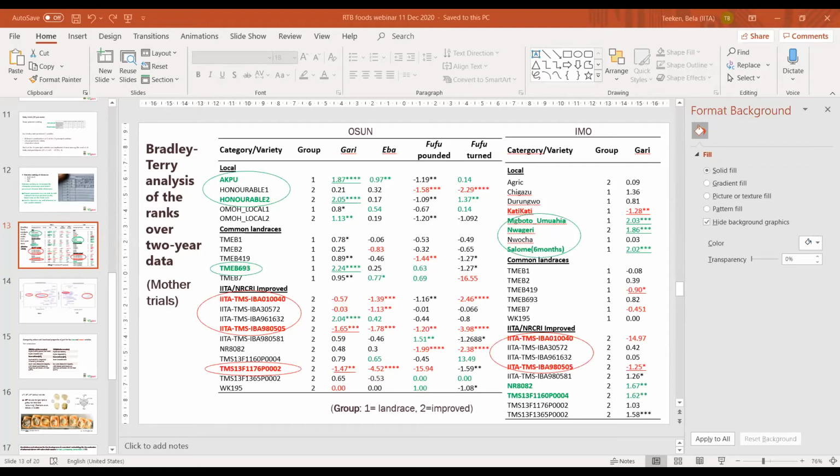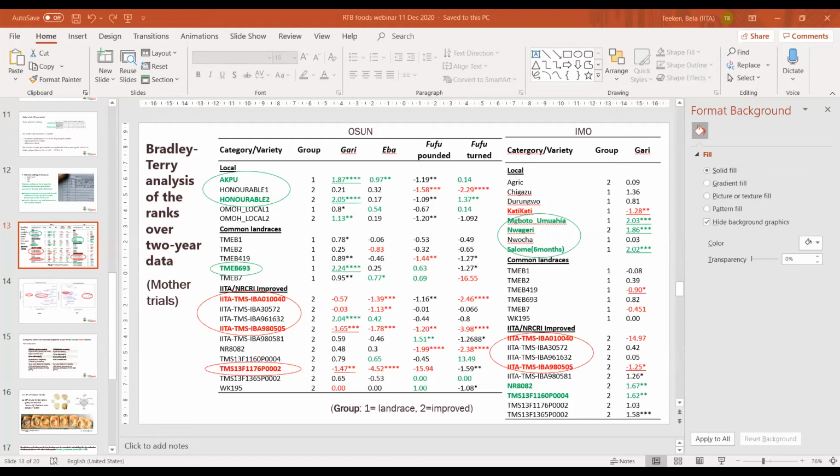I think the fermentation process has a large influence on which varieties are acceptable or not. For example, there was one NextGen clone, 1176 P002, that really showed color browning in Osun state.